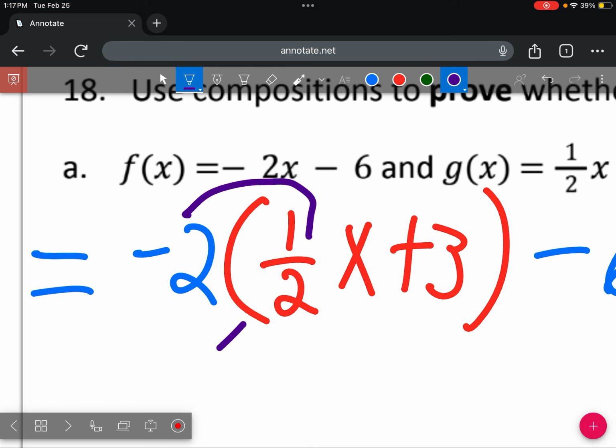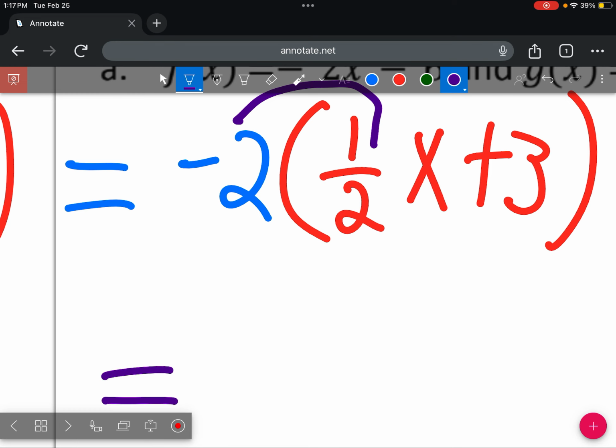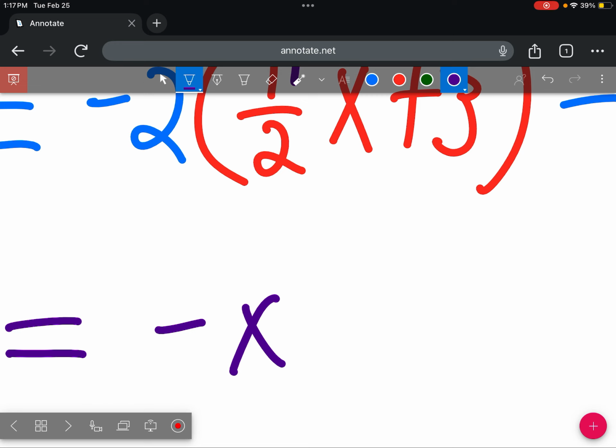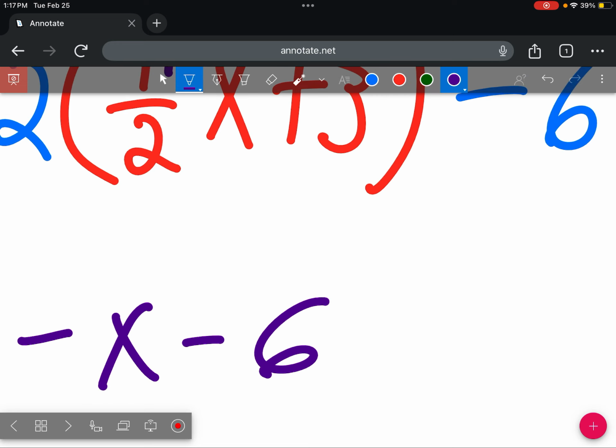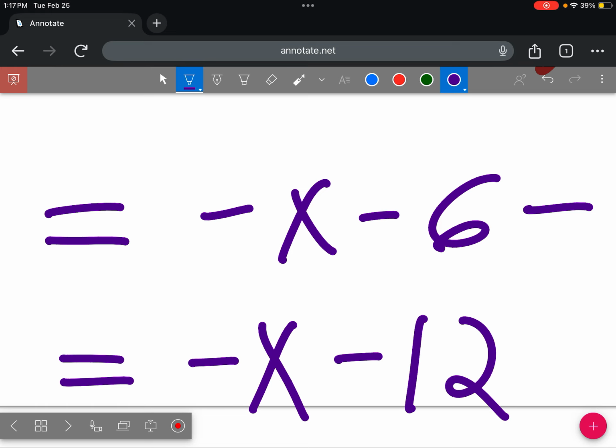So this would be -x. This is equal to -x. What's -2 times +3? -6, minus another 6. So altogether, what is this first composition equal to? -12. Very good.